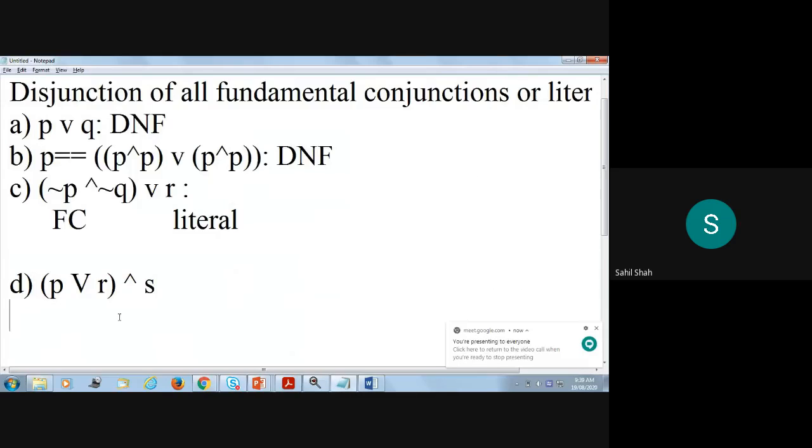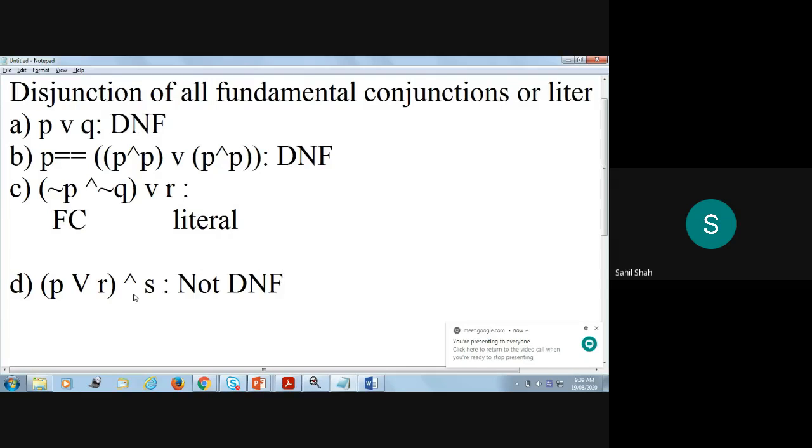Okay, obviously it is not. Okay, we are interested in here fundamental conjunction and there is a disjunction. So obviously this is not a fundamental conjunction. And again, here I am interested in having disjunction to connect this, but I am observing that this is conjunction. So obviously this will not be in DNF.